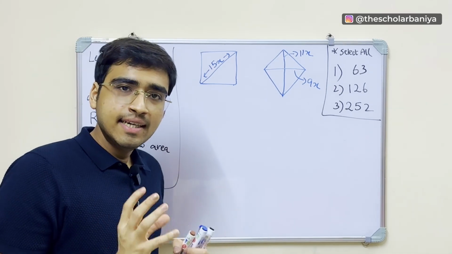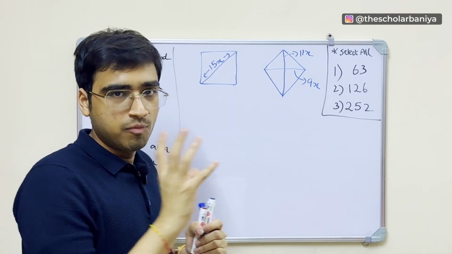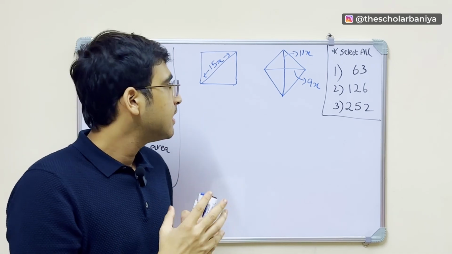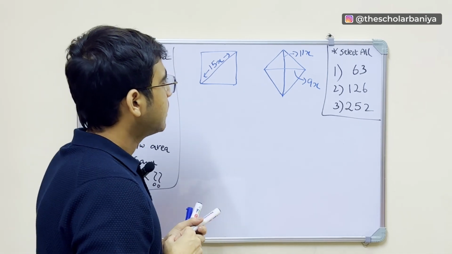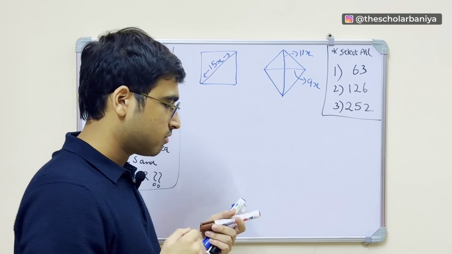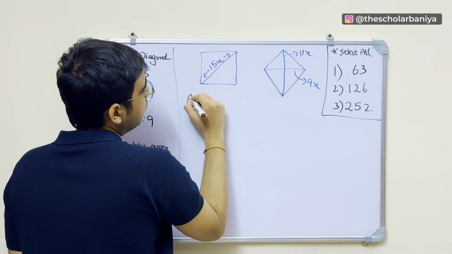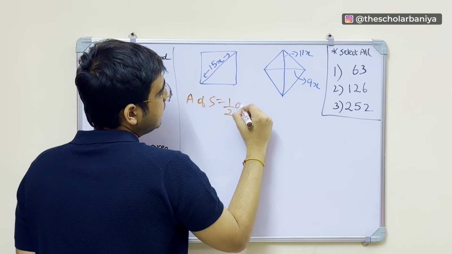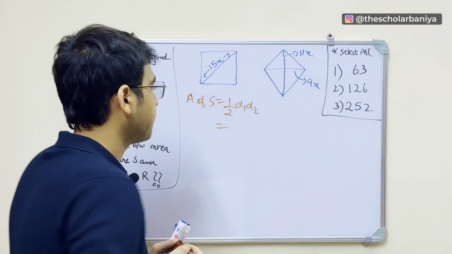Okay. So now tell me one thing, right? What is the area of a square? The area of a square is obviously side into side, right? Or we also know that the area of a square can be half into d1 into d2, where d1 and d2 are the diagonals, right?